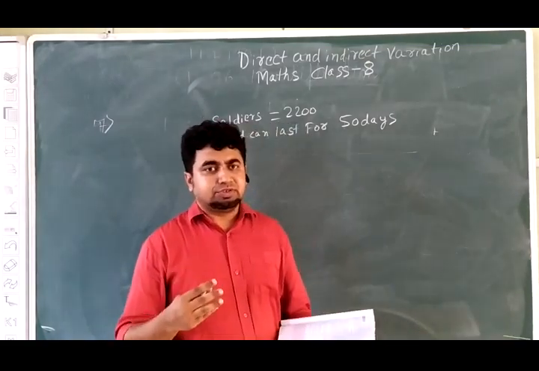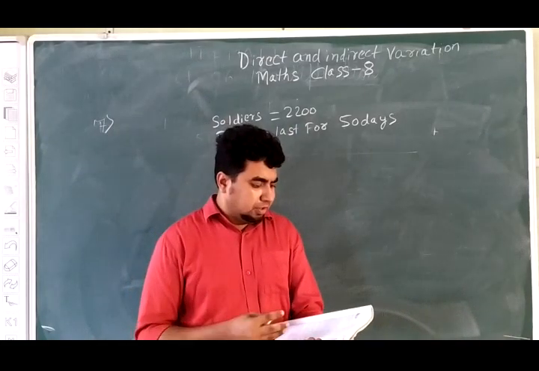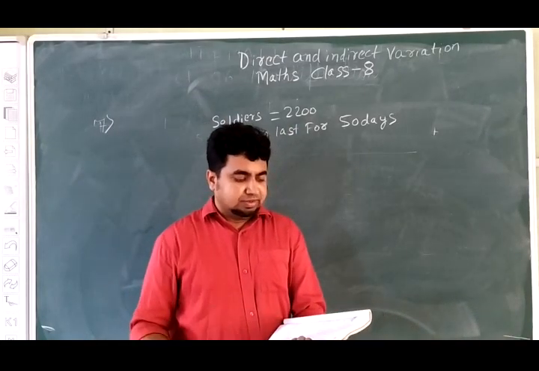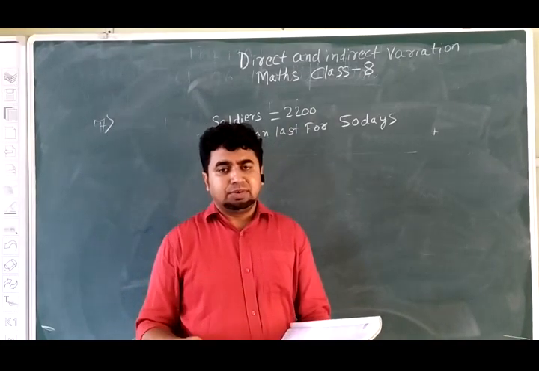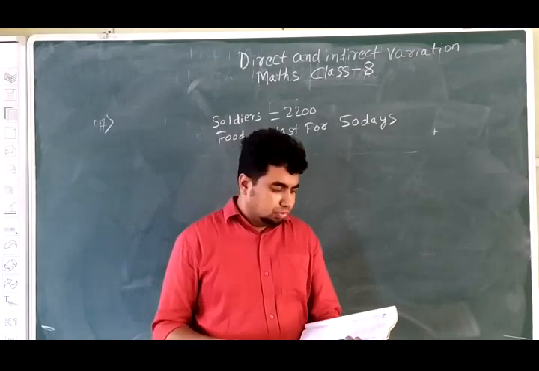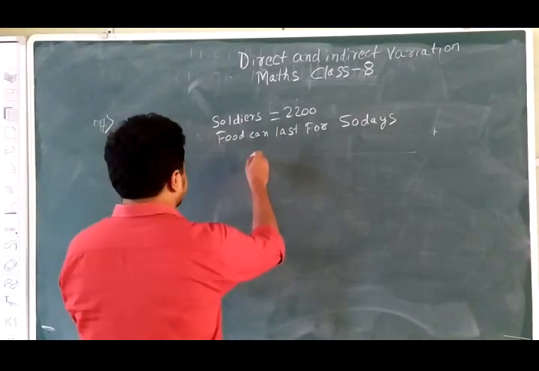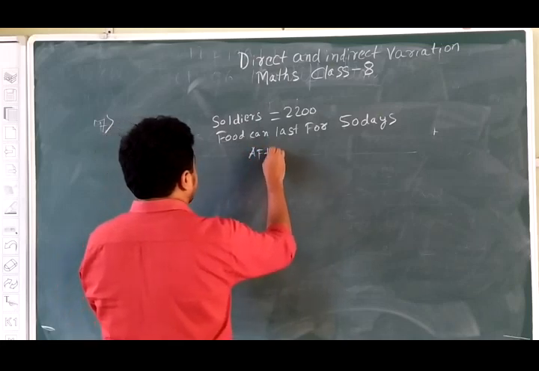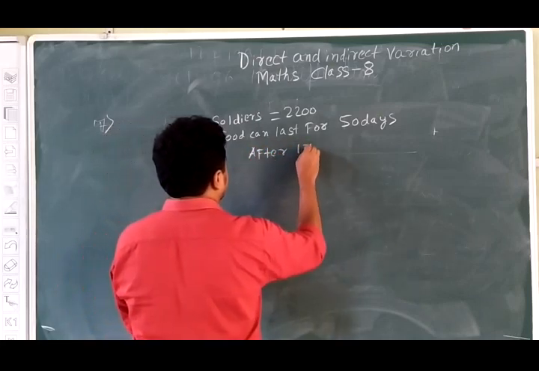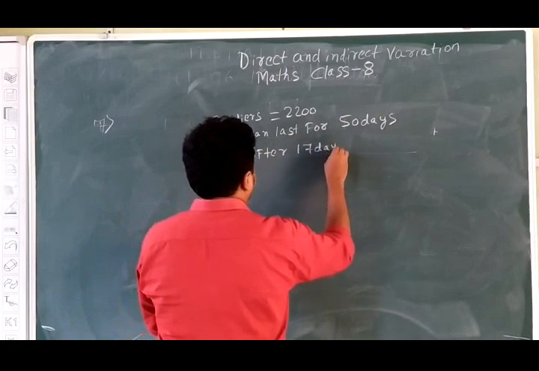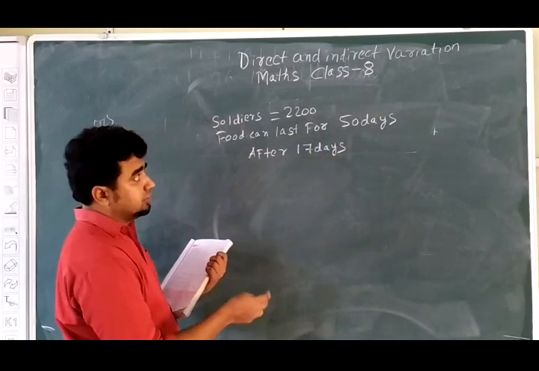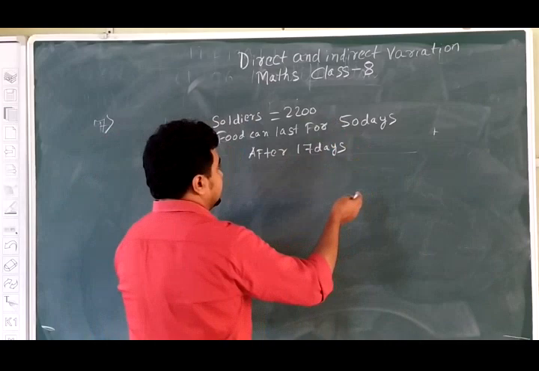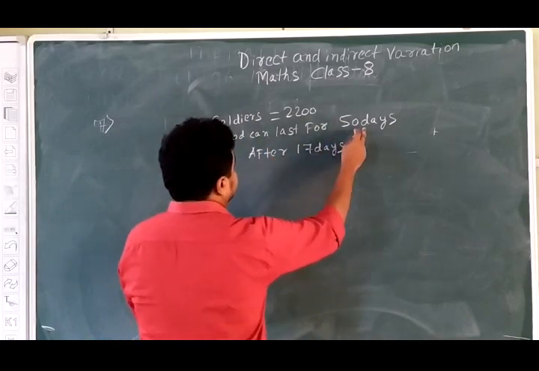As the number of soldiers will increase, the number of days the food will be lasting will be less now. So what we can analyze from here, after 17 days, means the food was lasting for 50 days.